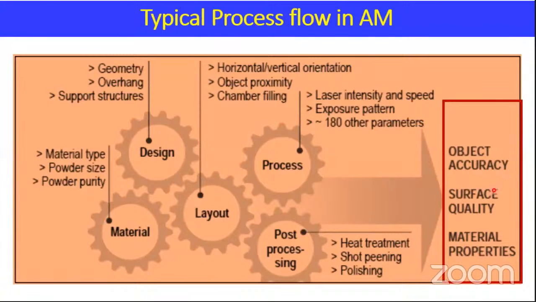So all those things would be studied or investigated meticulously before getting into the component level. People would do it at the sample level and then try to understand it for new materials, right? But for most of the AM materials, this approach or process flow is already established.